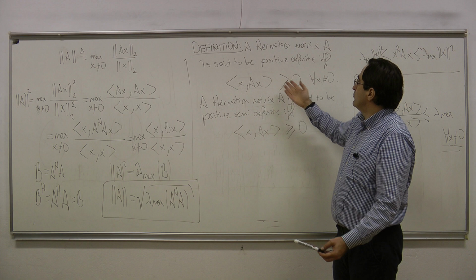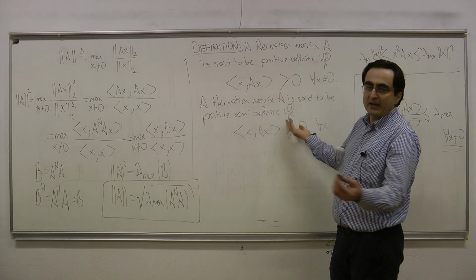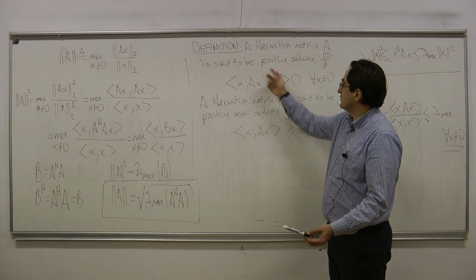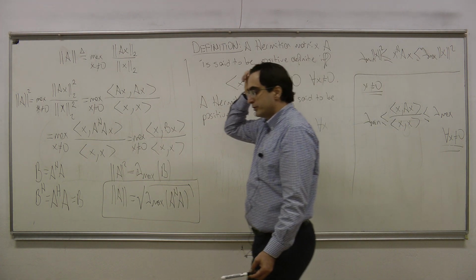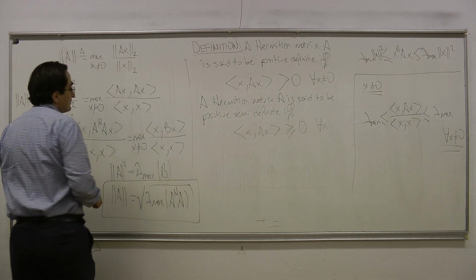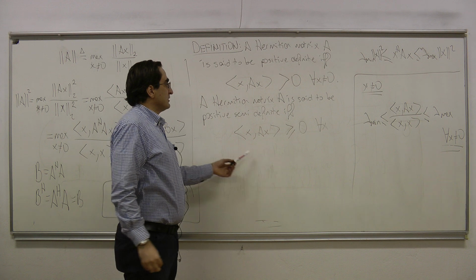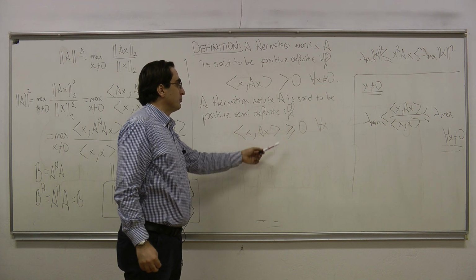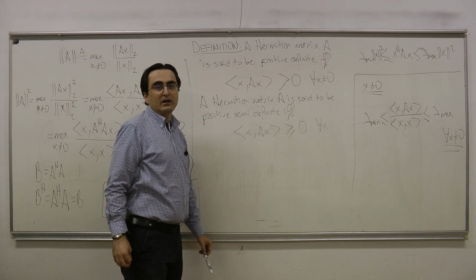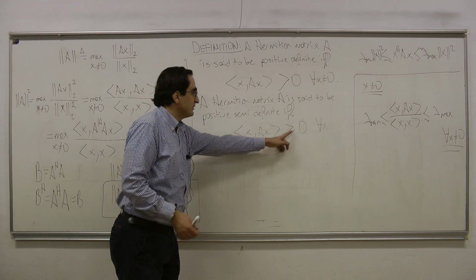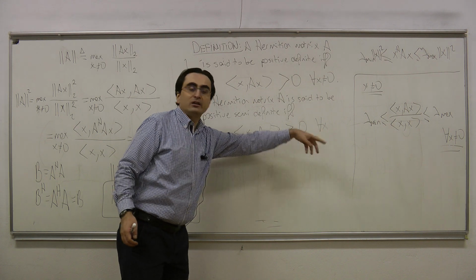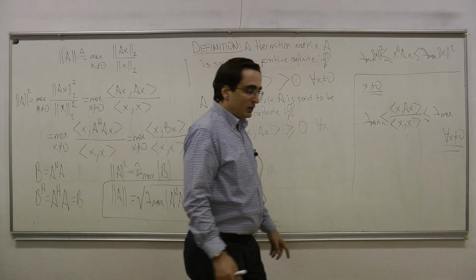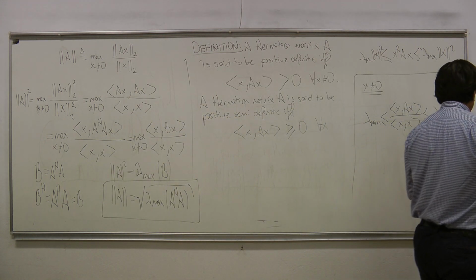I cannot have a positive inner product for all x's, because when x is equal to 0, it is always equal to 0. And positive semi-definiteness is the requirement of this inner product to be non-negative for all x's. Because equality is allowed, I don't have to exclude the 0 vector here.